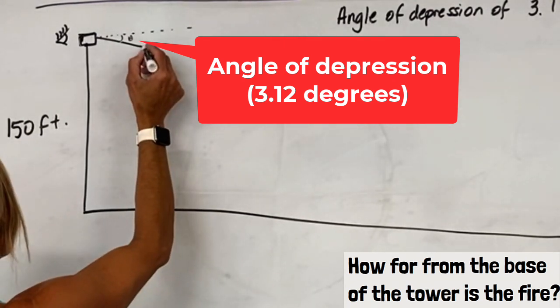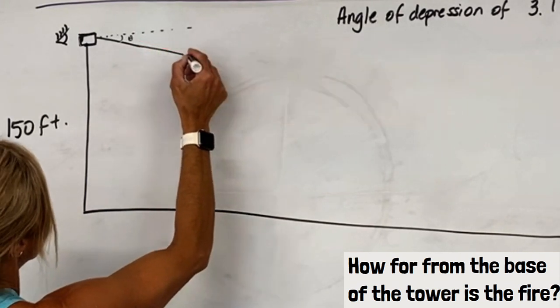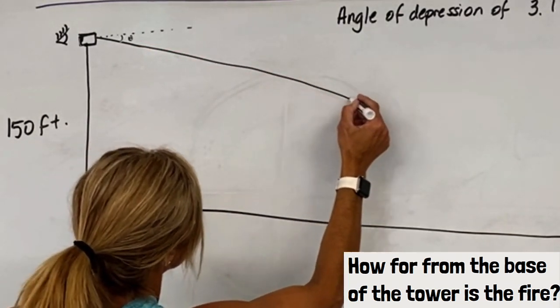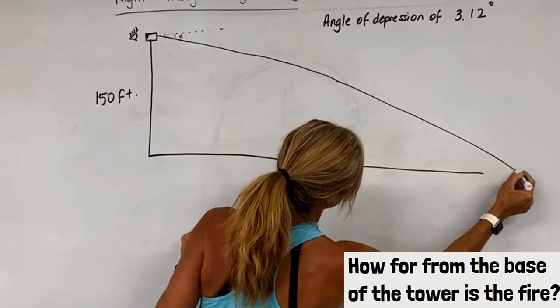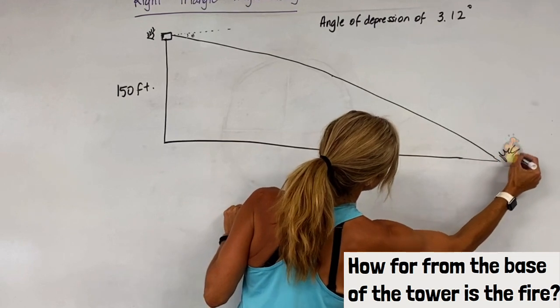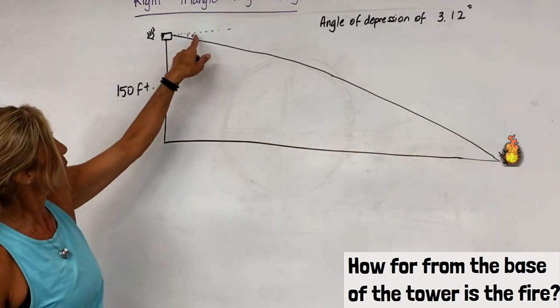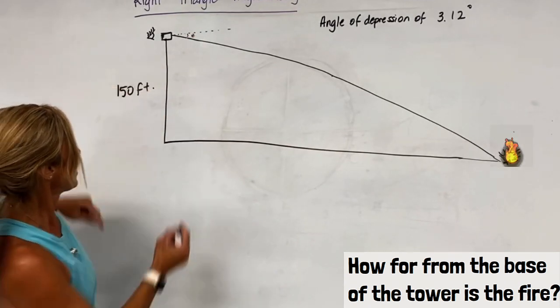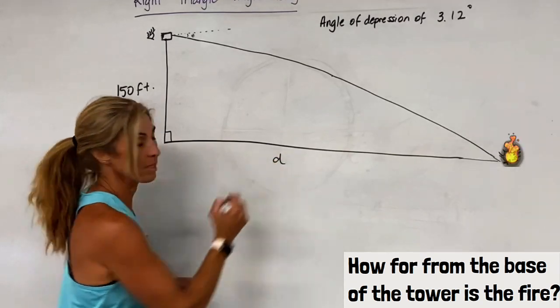So I'm going to draw this, extend this angle, this ray out, because we need to know where this fire is burning. So we have our angle of depression, we have the height, and we know that this must be a right angle, and we've been asked to find this distance.